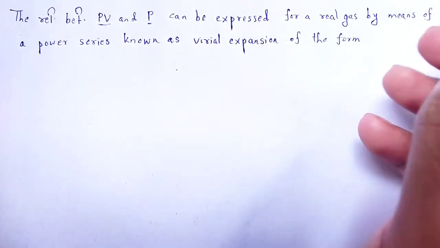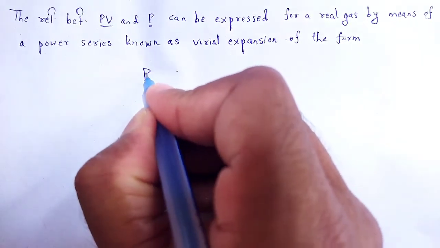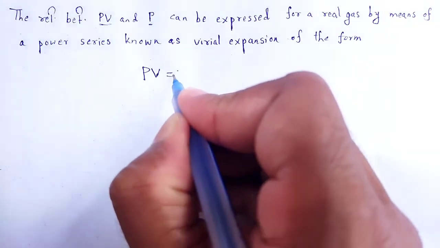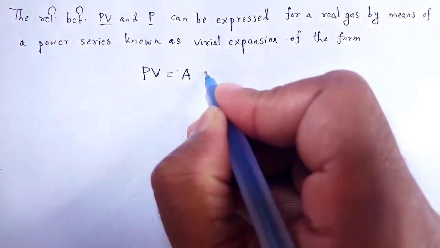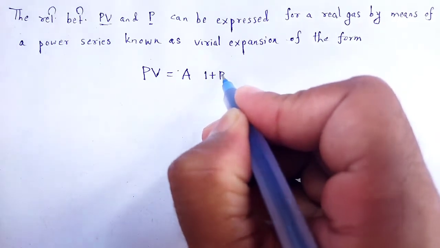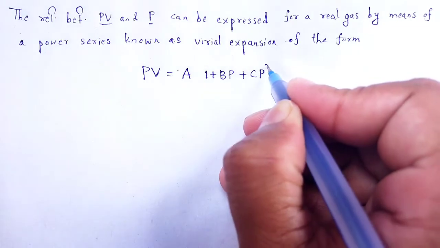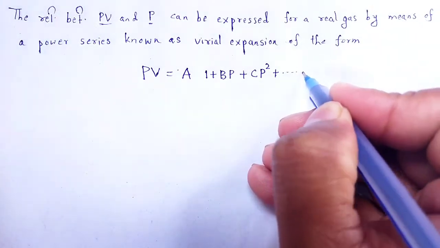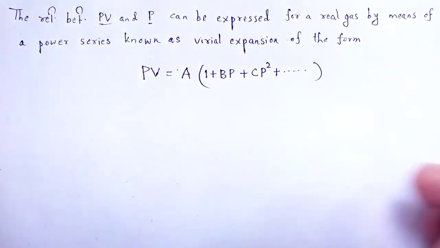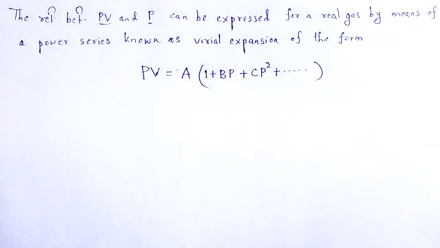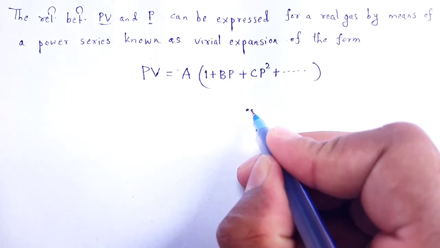of that virial expansion: the product PV, pressure into volume, is equal to A into 1 plus B into P plus C into P square, and the series proceeds like that, where A, B, C are known as virial coefficients.